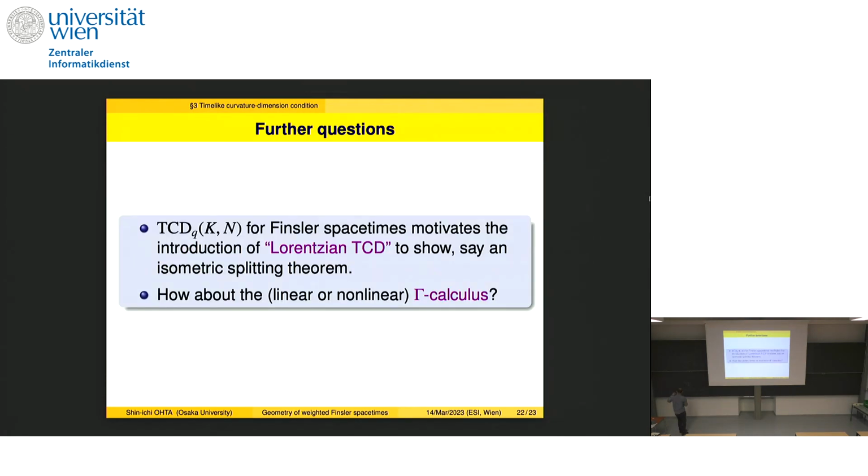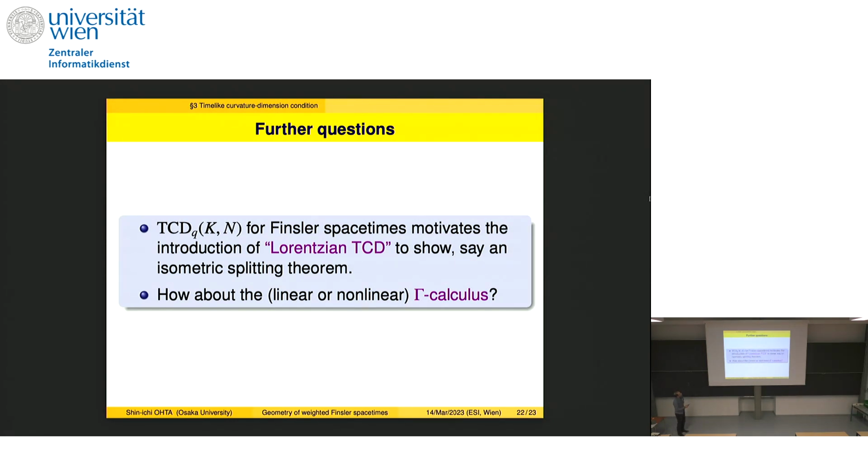Okay, and finally, there are some open questions. One natural direction everyone can have in mind is, of course, the analog of the Riemannian curvature dimension condition. As I said, in the Finsler case, we have the curvature dimension condition in Finsler manifolds, and we need to introduce some Riemannian version of the curvature dimension condition. In the timelike curvature dimension condition, we have a similar story.